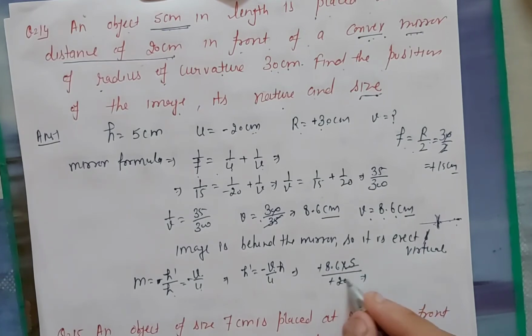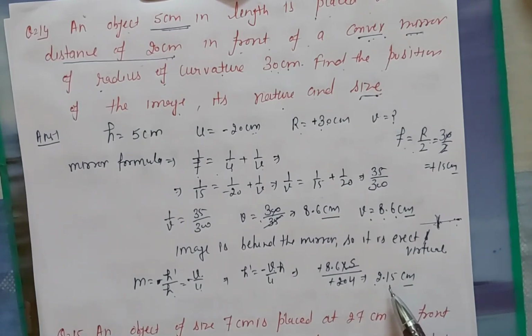When we solve it, this is 2.15 centimeter. So what does it mean? Sorry, these are the h values.